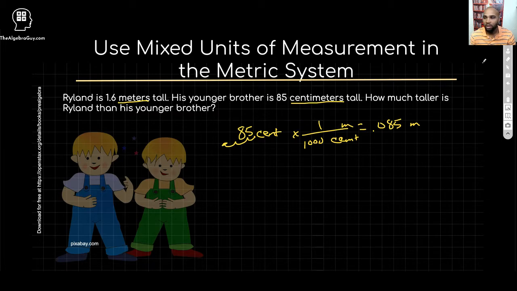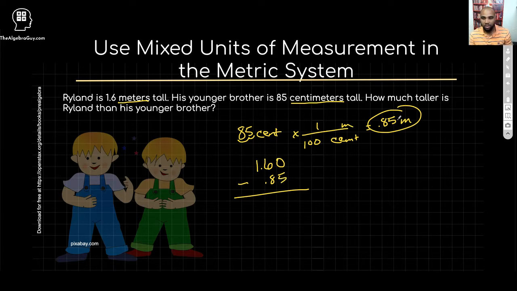Oh, sorry. I did that wrong, and you were probably trying to tell me why. Because centimeters is 100 in a meter, not 1,000. I thought something was wrong with that. So we're dividing by 100, moving 1, 2 places: 0.85 meters. There we go. Now that we have them both in the same units, we can subtract: 1.60 minus 0.85.